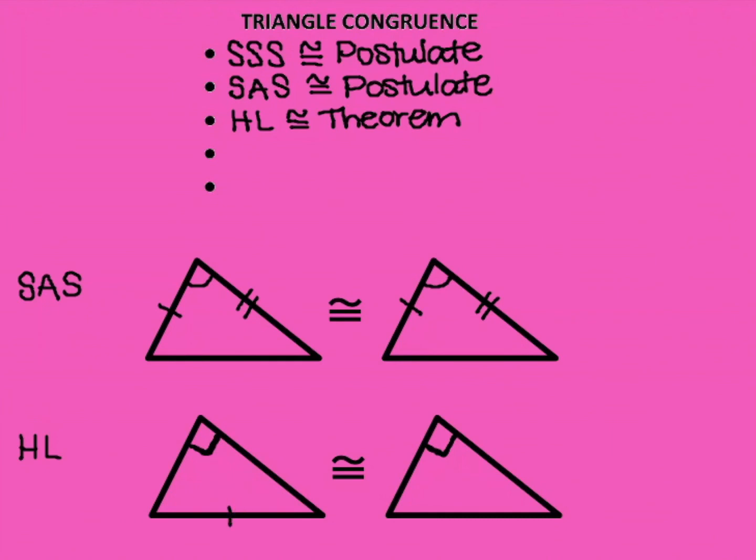So the hypotenuse would be right here. If you're worried about remembering that, maybe you want to label that with a little h. So hypotenuse-leg, totally up to you which other side you call your leg, but we would need just one other side marked congruent in order to call that a hypotenuse-leg setup to prove that those triangles are congruent.